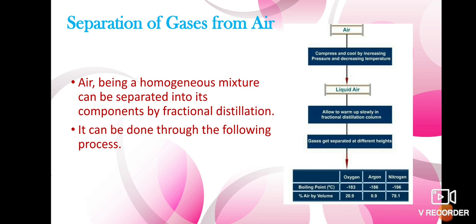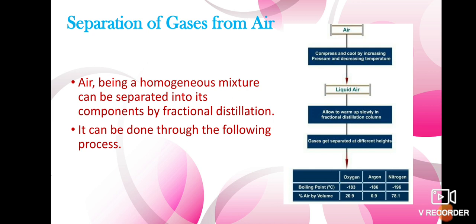So this is the flow chart for you. In this way we can separate the gases. First, air is compressed and cooled by increasing pressure and decreasing temperature. Then it turns into liquid air. Then that liquid air is allowed to warm up slowly in the fractional distillation column.